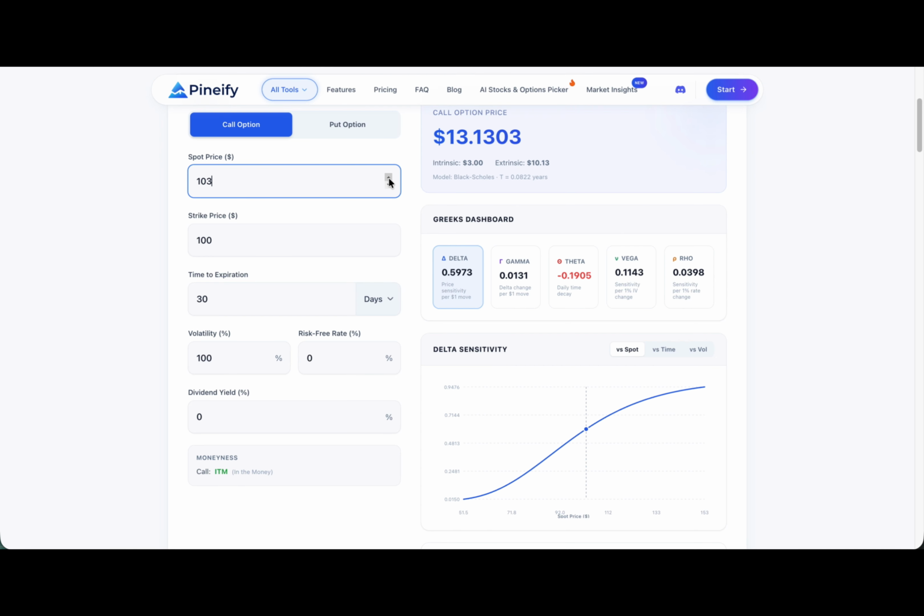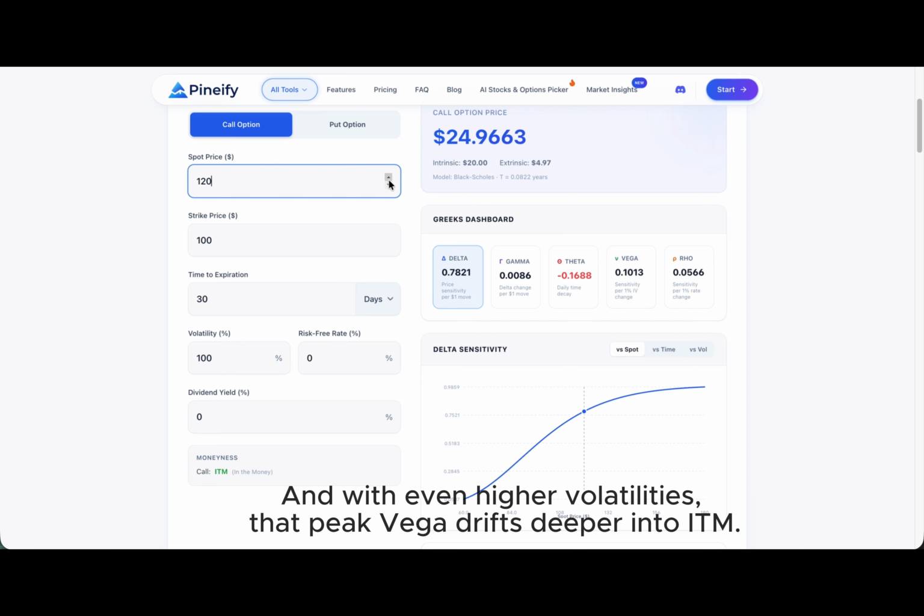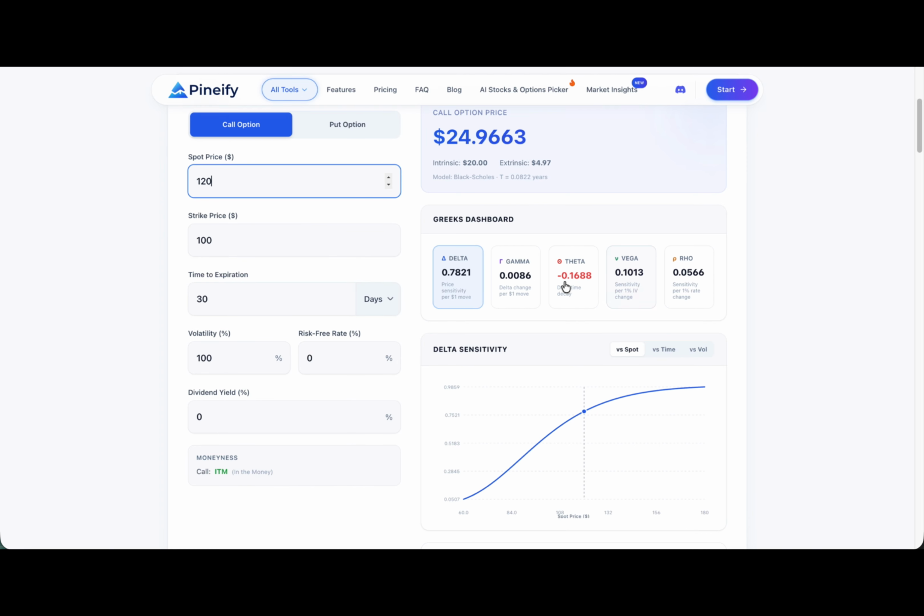You see here it continues to increase, but then at around 104 or 105 it goes down, because as the price continues to increase, the delta continues to increase, but the Vega then comes down. In that sense, it behaves a bit like the gamma, because the gamma also reaches its highest value around the ATM price.